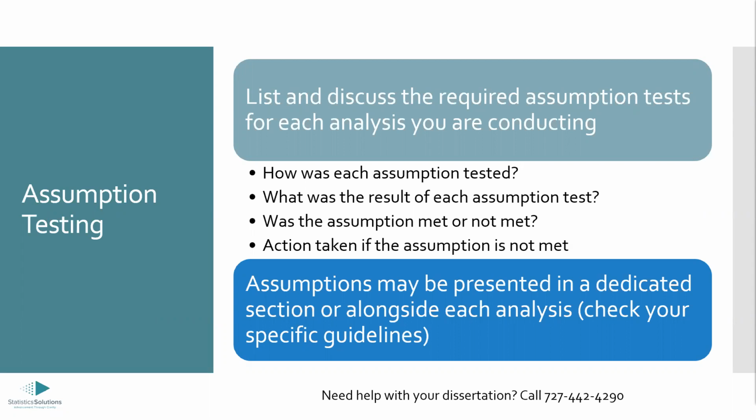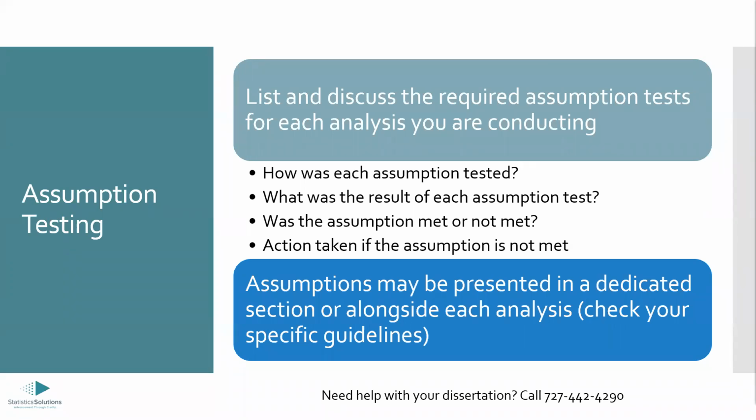You'll want to state how you're testing each assumption. So for an independent samples t-test, you might need to test the assumptions of normality and homogeneity of variance. So how are you testing each of those things?